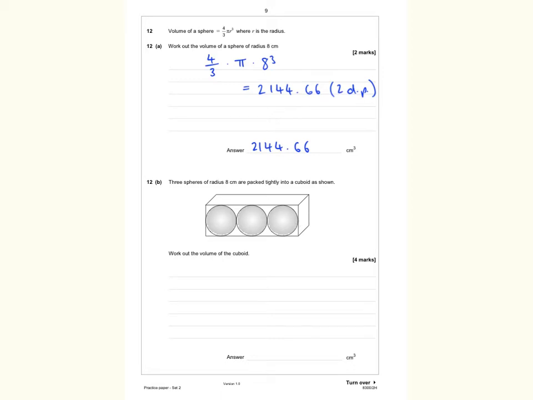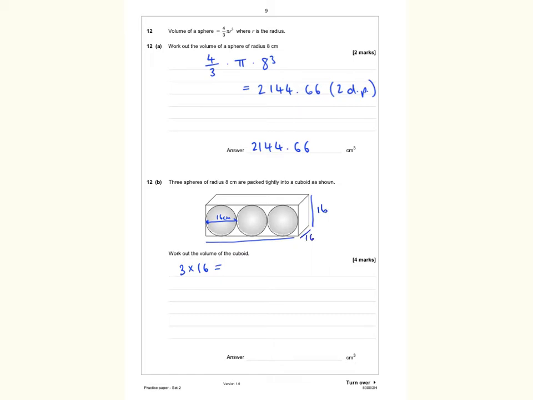So if we think about that, the radius is 8, so each length like that would be 16 centimeters, double the radius. So if I said 3 times 16, that gives me the length going this way. Going up would be 16 as well, because it's not the radius, it's the diameter we're looking for, and 16 here as well.